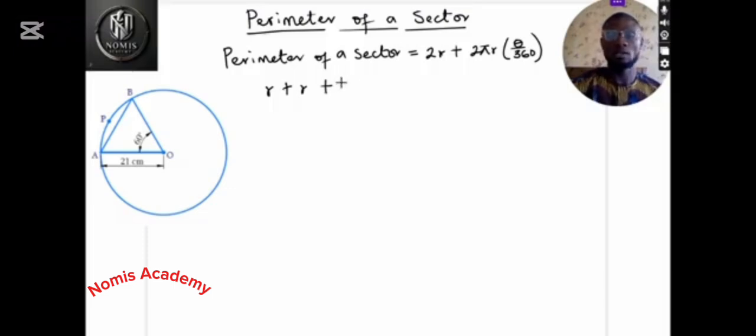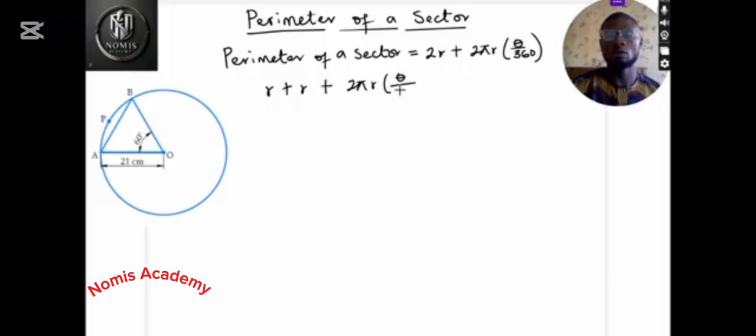But in this case, not the total circle. There is a portion of the circle that the sector is. So we are going to calculate the circumference of the circle with respect to the sector. Therefore, we will now say 2 pi r into theta. This theta tells the degree of the circle that the sector takes from 360.